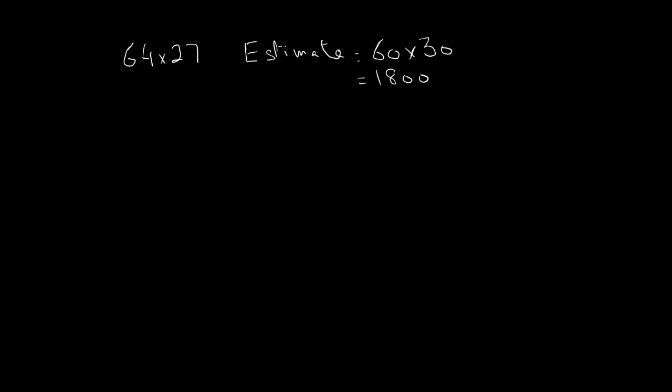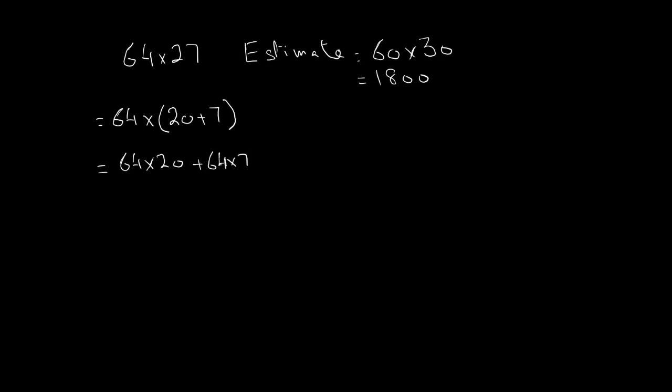So this is going to be 64 multiplied by 20 plus 7, which will be equal to 64 multiplied by 20, I'm using now the distributive law, plus 64 multiplied by 7.